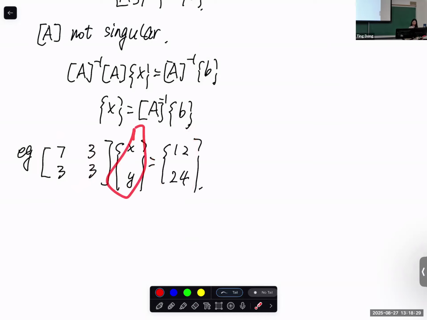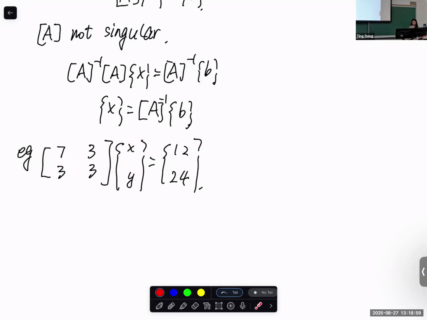So we need to solve for x and y. Of course, I know some of you just see this equation and say, okay, 7x plus 3y equals 12 and 3x plus 3y equals 24. If I use the first equation minus the second equation, you have 4x equals negative 12 and x equals negative 3. You solve that using the method from elementary school. So this is not the point here.